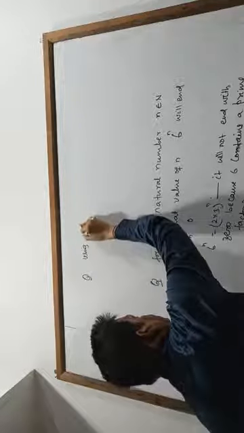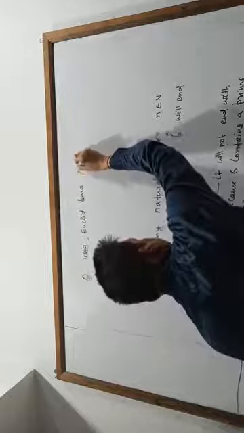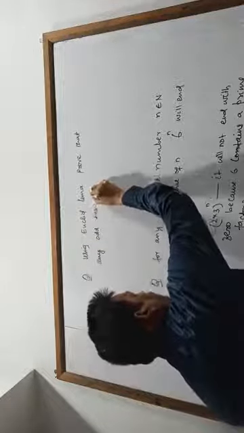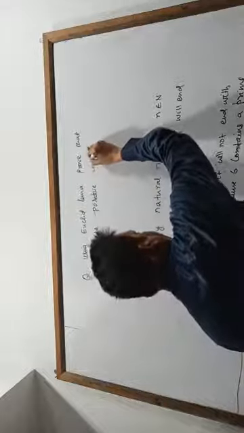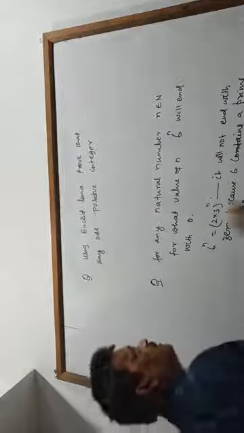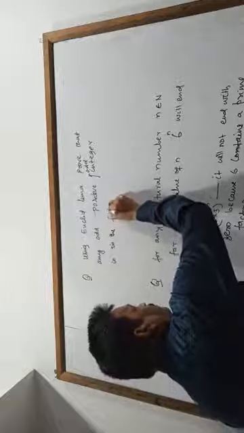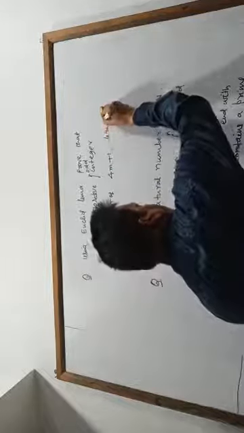Using Euclid lemma, prove that any odd positive integer is in the form of 4n plus 1 or 4n plus 3. Okay, try to understand this.